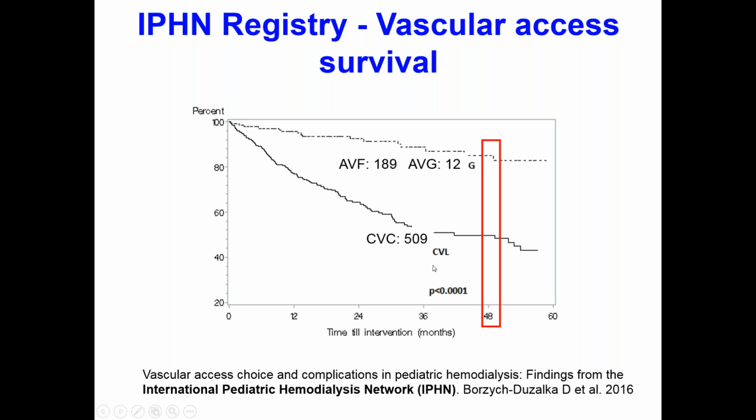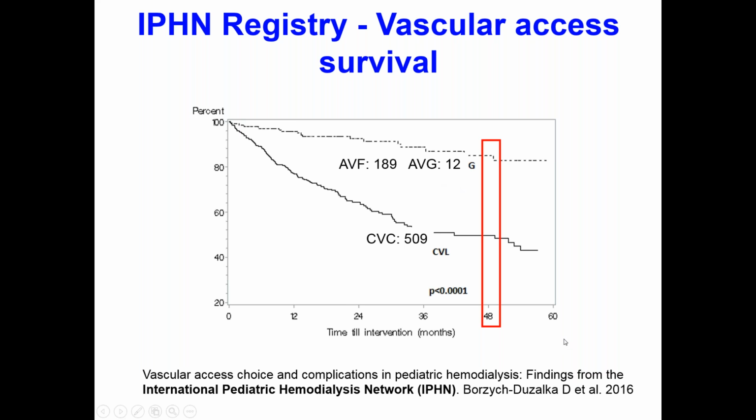There's a very recent paper in Pediatric Nephrology just this month, from the Midwest region of the US, which has looked at the outcomes of fistulae versus grafts. In their analysis, they have shown that arteriovenous fistulae have far better primary and secondary access patency compared to arteriovenous grafts. So this is in Pediatric Nephrology this month, if you want to look it up.